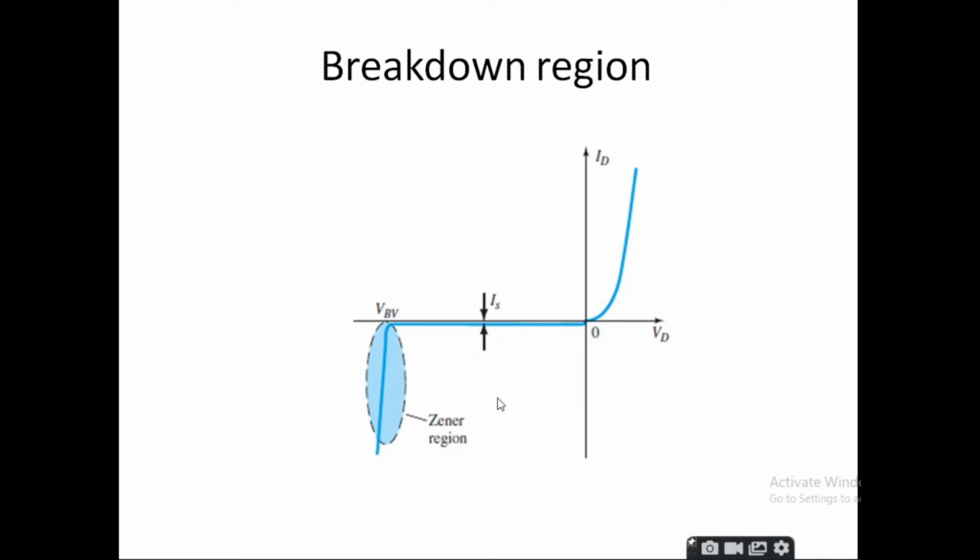So your reverse saturation current is going to increase with the increase in temperature, because this current is due to the minority charges, not the majority charges. If temperature increases, the charges increase. These charges that increase due to temperature are not dependent on the doping that you have done.